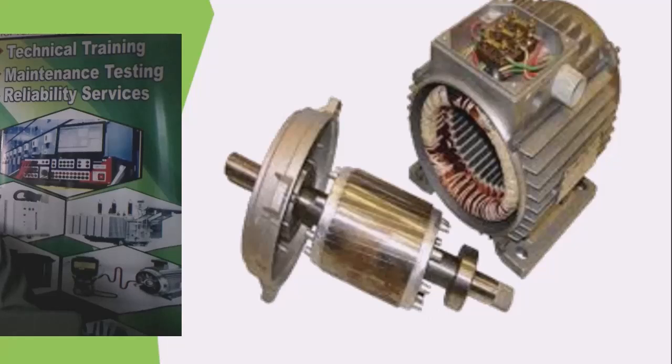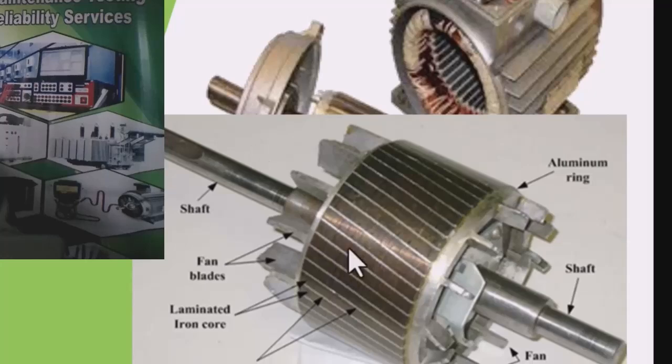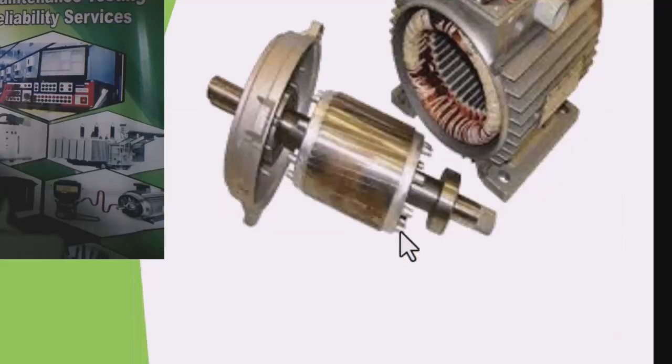So these are the aluminum bars, and this is the end ring, as you can see on the screen. These bars are the windings on the rotor. Let us see how it affects the operations of the electric motor.